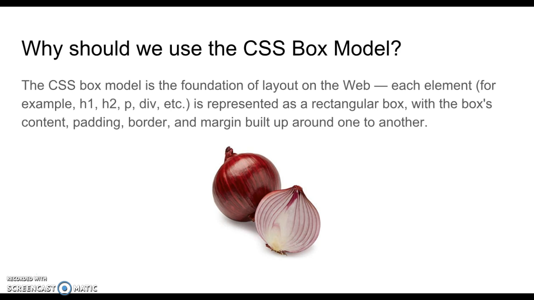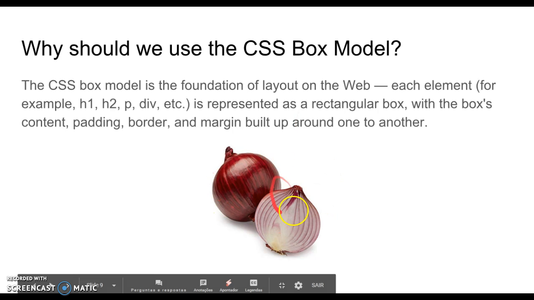Why should we use the CSS box model? The CSS box model is basically the foundation of the layout in a website. Each element in a website, for example, H1, H2, P, divs, etc., is represented as a rectangular box, with the content, padding, border, and margin built up around one another, just like the layers of an onion.